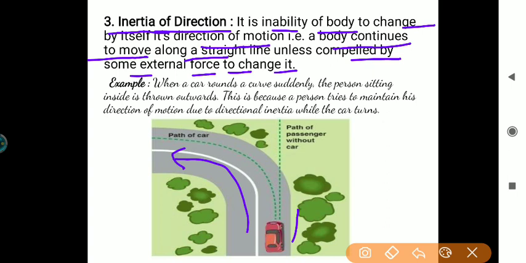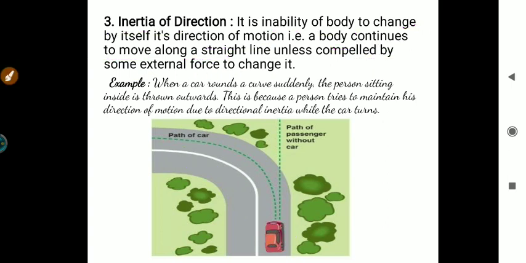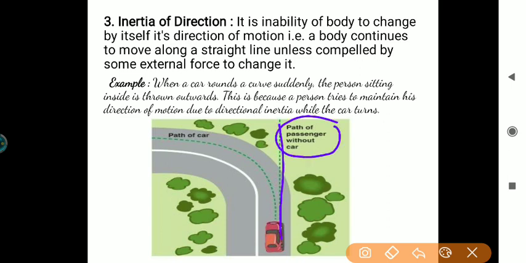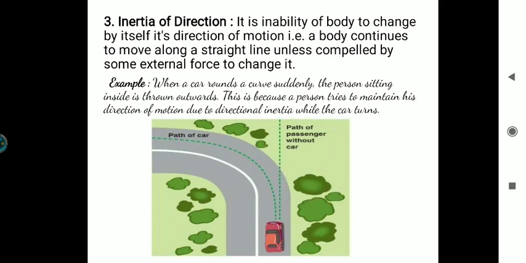Because the car turns suddenly, this person feels a jerk. So when the car turns left, they feel a jerk in the right direction.